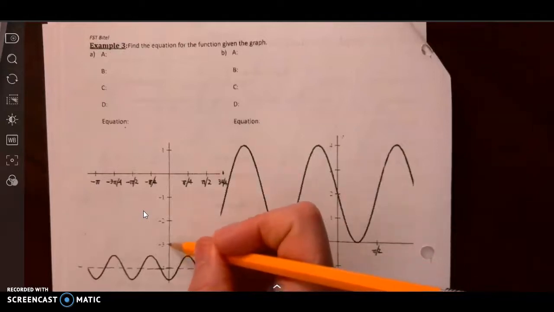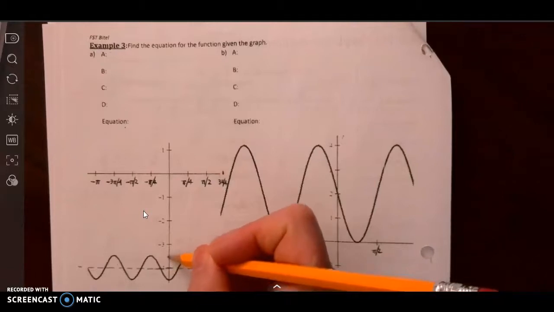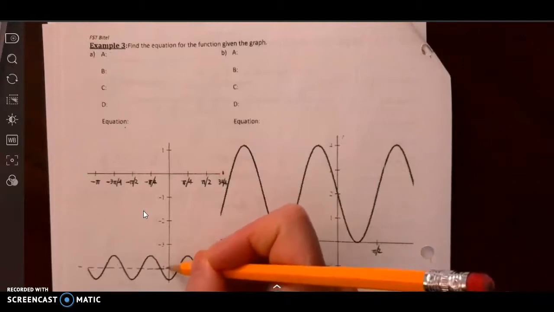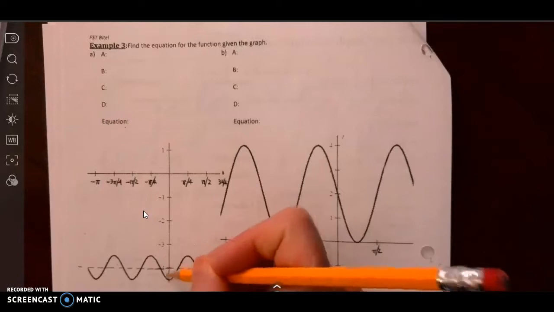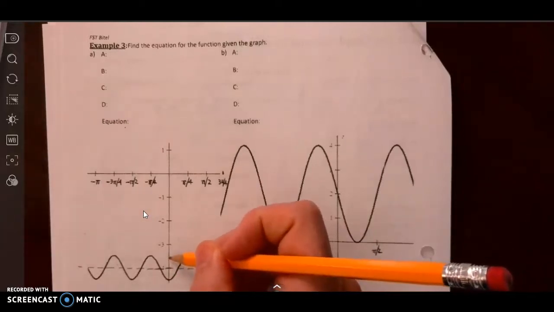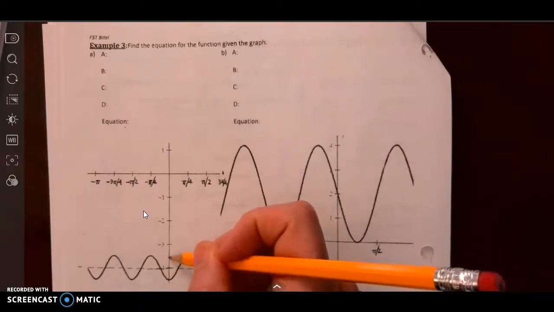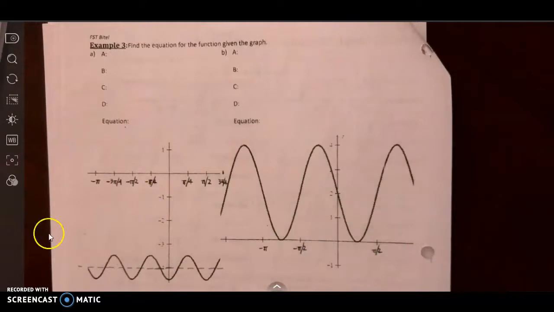So since this is -3 and the axis is at -4, it looks like it goes up a half and then down a half. So my A value is up 1/2 and down 1/2.